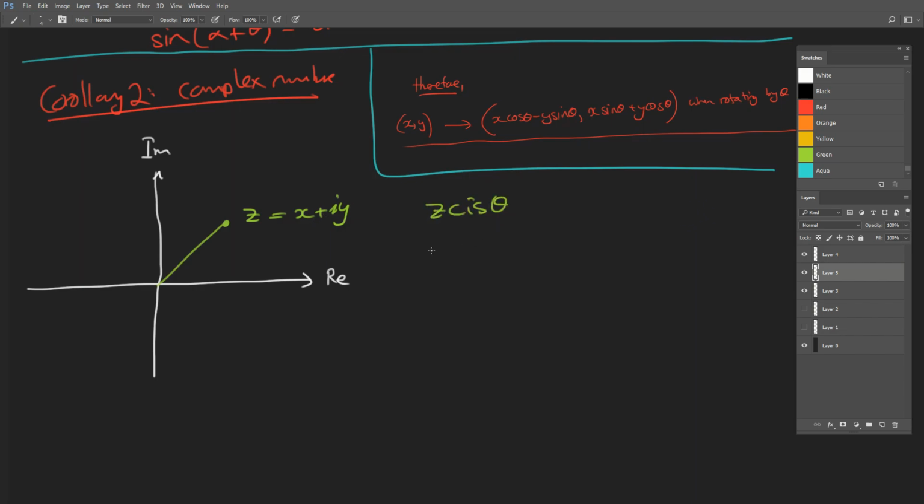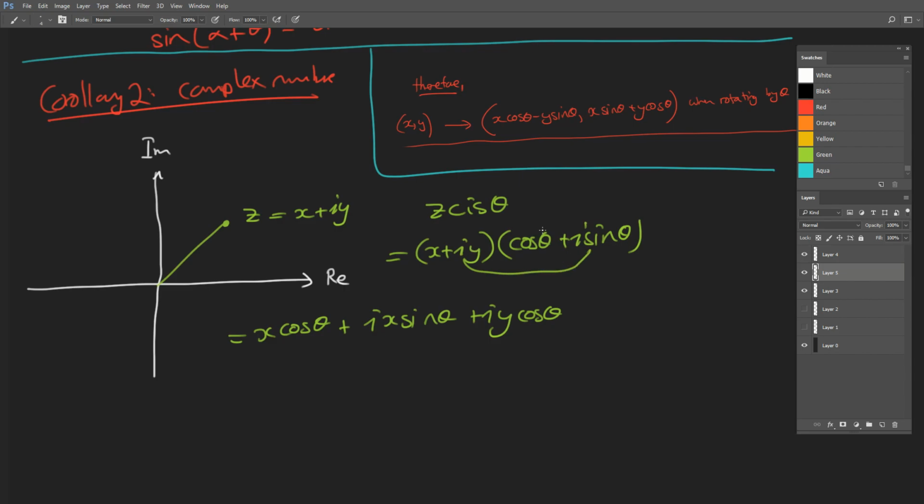So z times (cos theta plus i sine theta) is (x plus iy) times (cos theta plus i sine theta), because cos theta plus i sine theta just means this, and z is x plus iy. And then expanding these brackets, we have x cos theta plus ix sine theta plus iy cos theta plus i squared y sine theta.